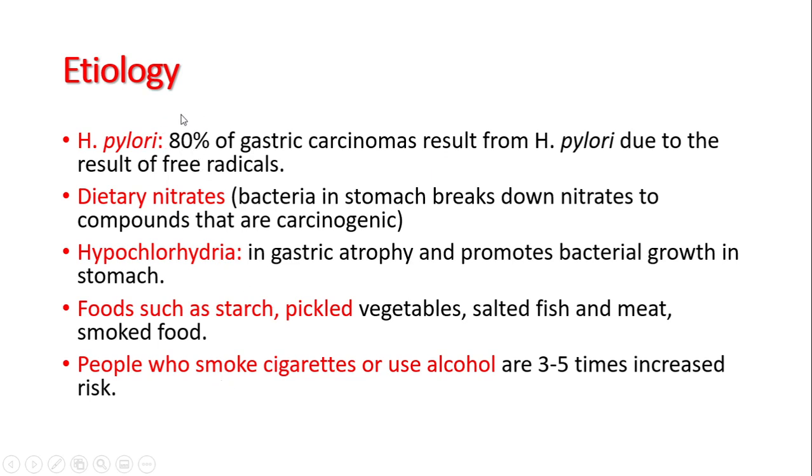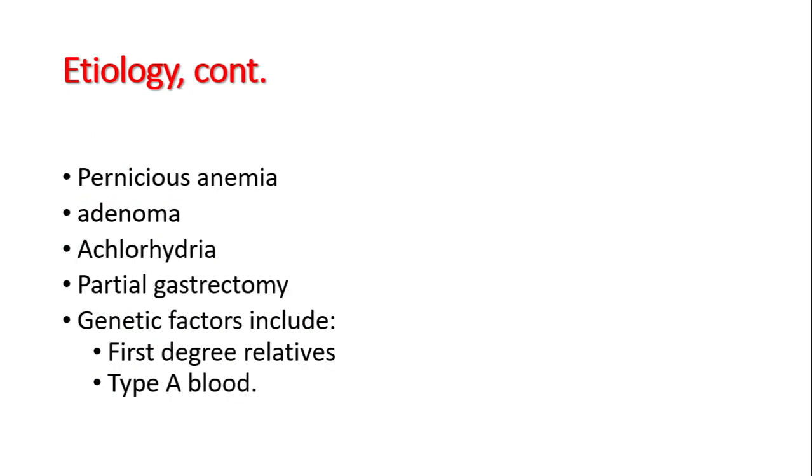The most common environmental factor is H. pylori associated gastritis. Pernicious anemia, in which there is antibody to intrinsic factor and vitamin B12 deficiency.